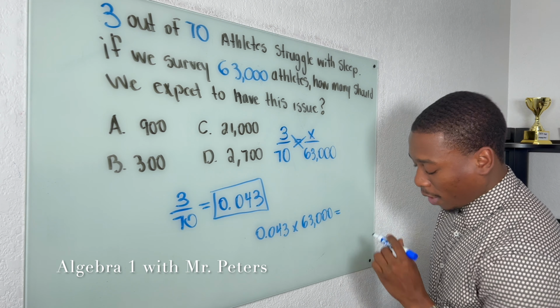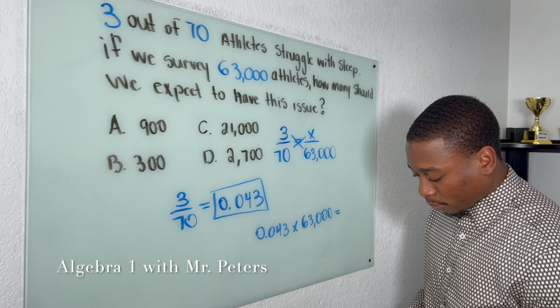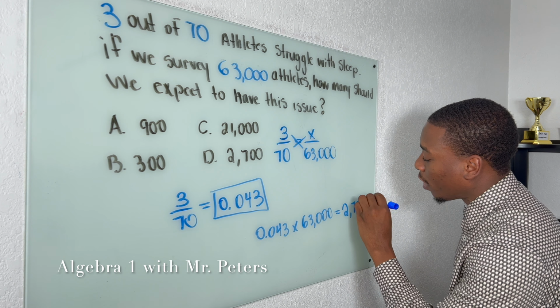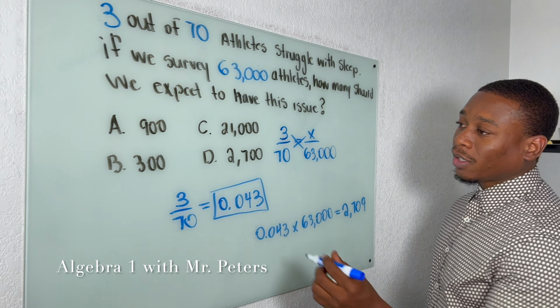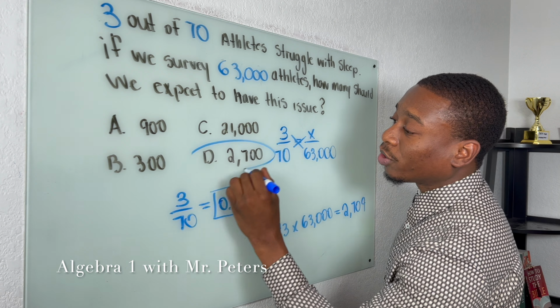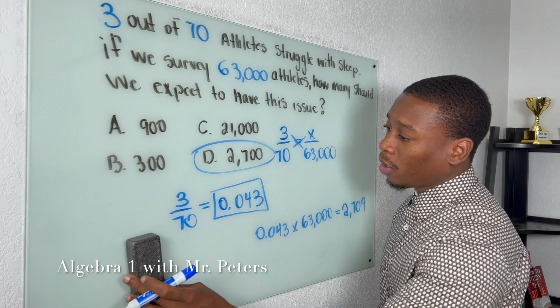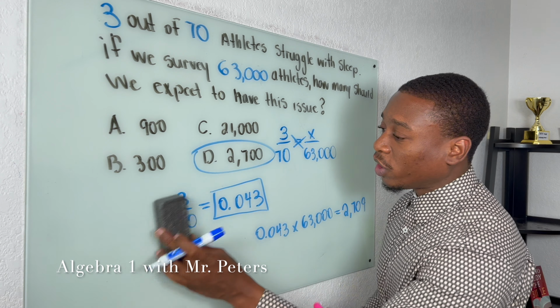And once we do that, we would get 2,709. And we notice that that's going to be the closest answer to D. So please don't try to just guess or estimate it. Just do the math. It's going to be so much easier.